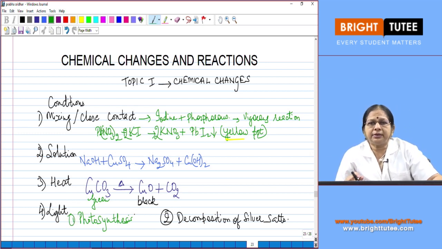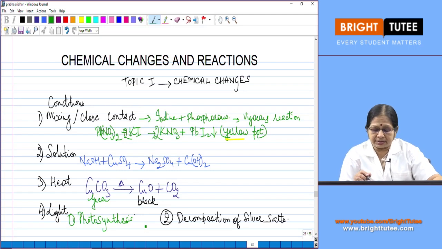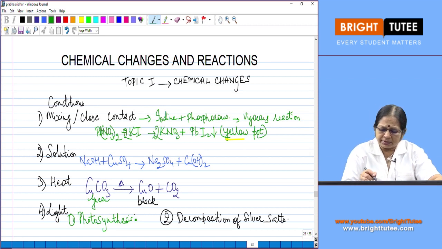Carbon dioxide and water vapor are taken from the atmosphere, or water is absorbed by plants, and then green chlorophyll present in green leaves, with the help of solar energy, prepares glucose and liberates oxygen. So photosynthesis happens only in the presence of light.